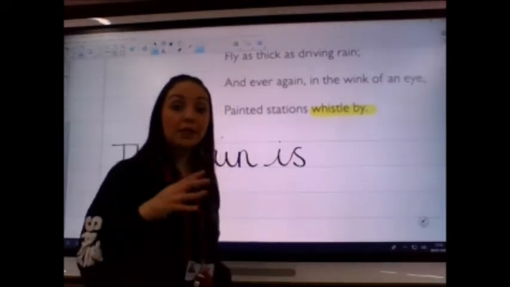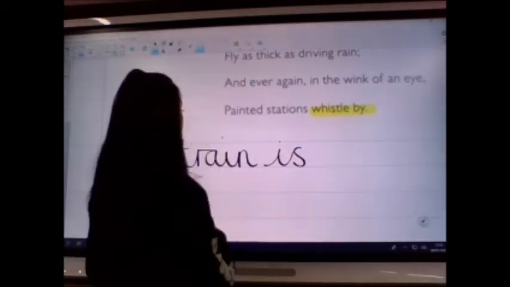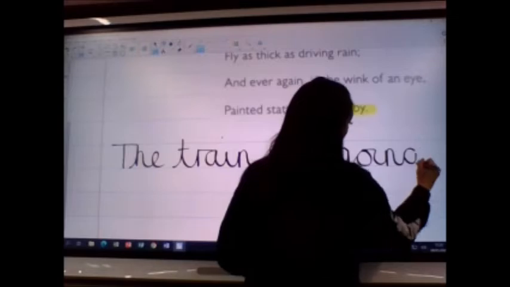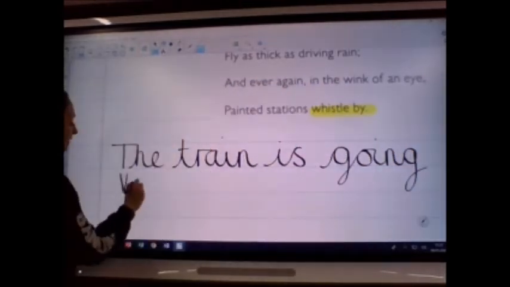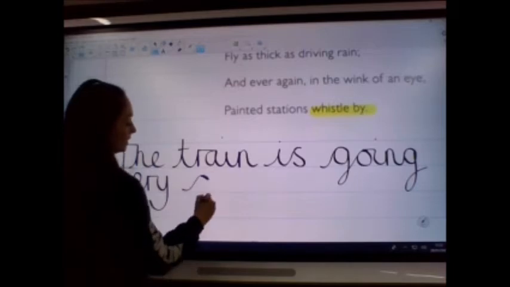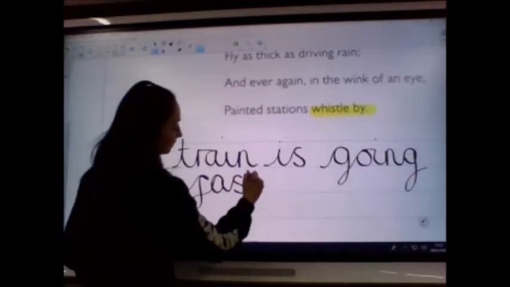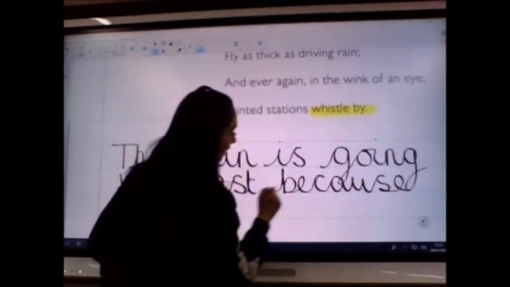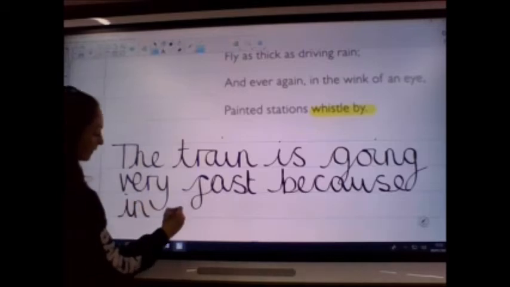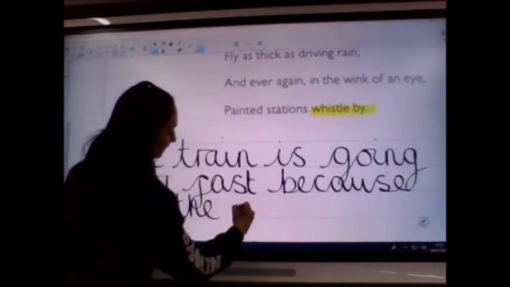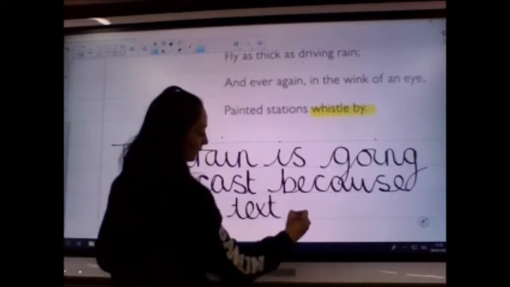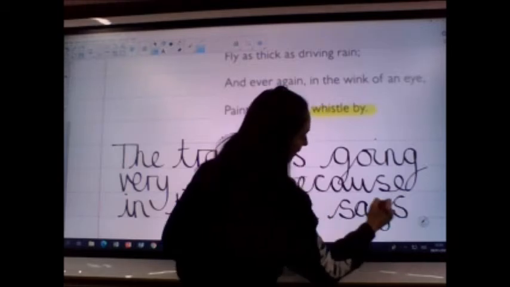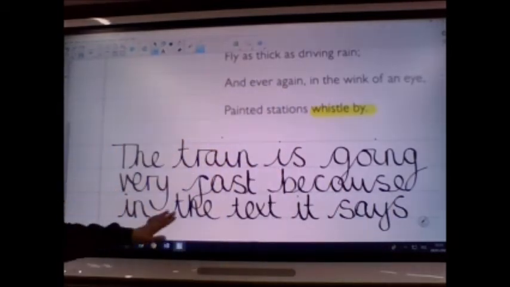And then you need to remember, you need to say because, and then put your evidence from the text. So the train is going very fast because in the text it says, and then there's probably a couple of things in the poem that you could use.